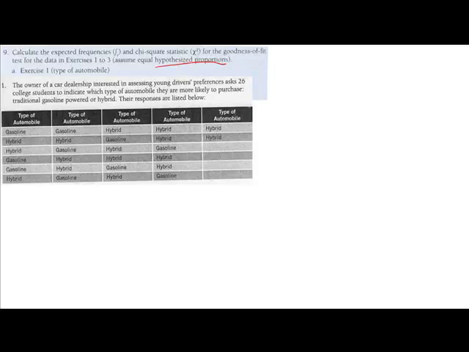Question number 1 said the owner of a car dealership interested in assessing young drivers' preferences asks 26 college students to indicate the type of automobile they are more likely to purchase, traditional gasoline-powered or hybrid. Their responses are listed below. So we have a gas option and a hybrid option.